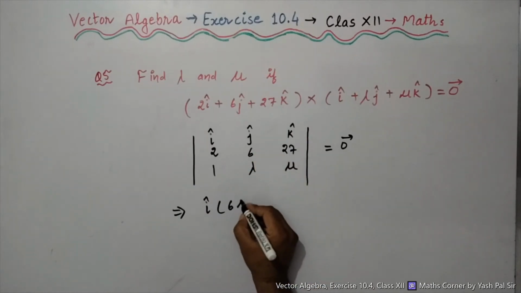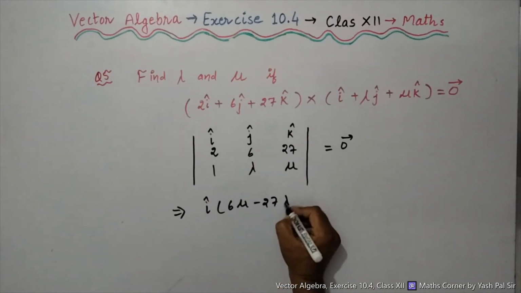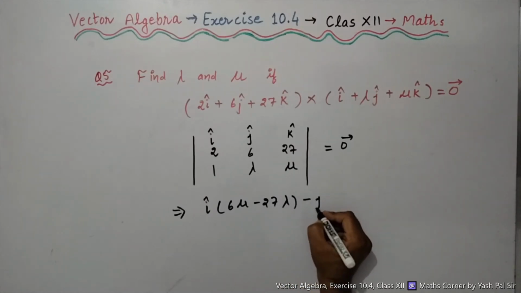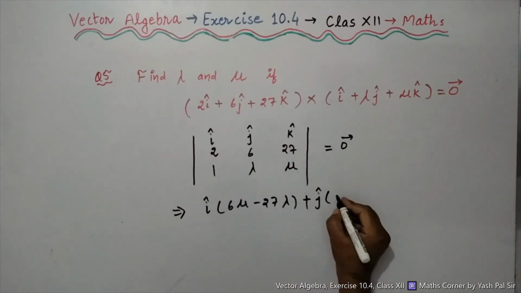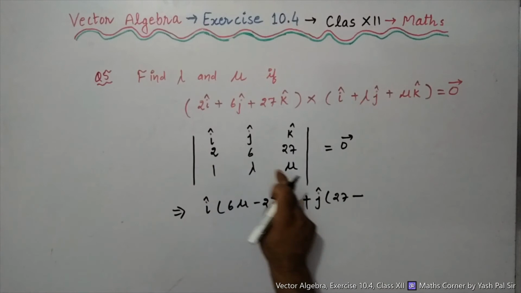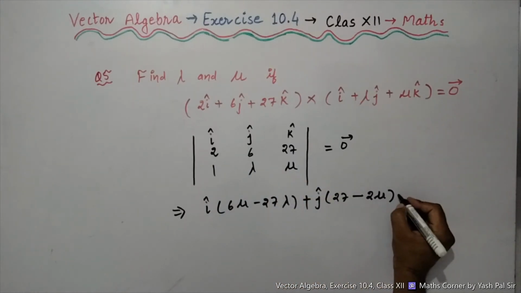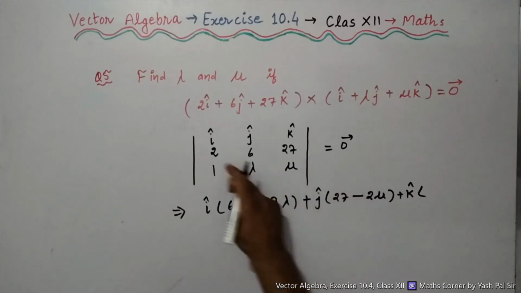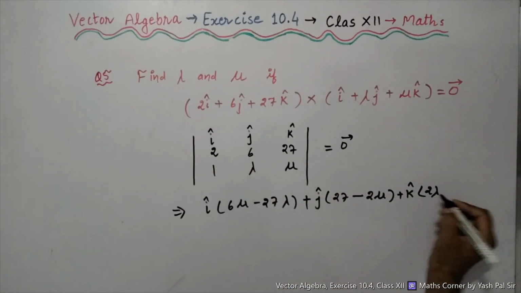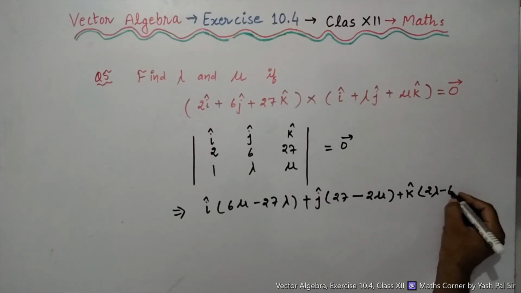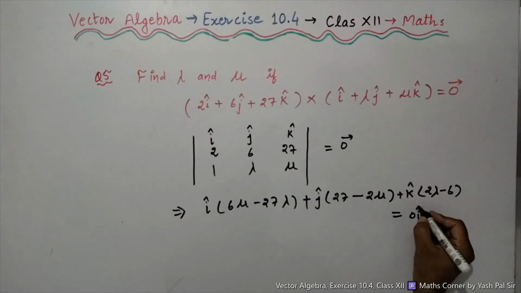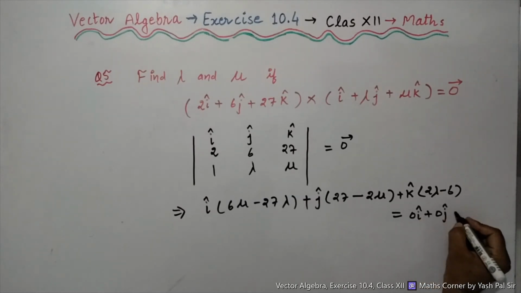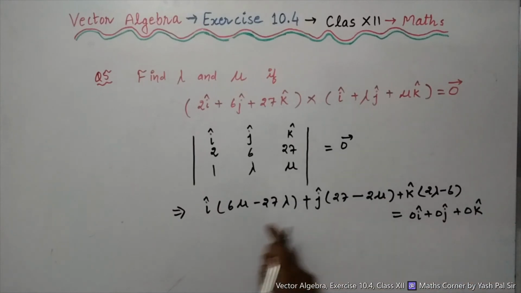So this way we have i times (6 mu minus 27 lambda), minus j, or we can write plus j, starting with here, (27 minus 2 mu), plus k times (2 lambda minus 6). So the right hand side is 0 vector, 0 vector means 0i plus 0j plus 0k.